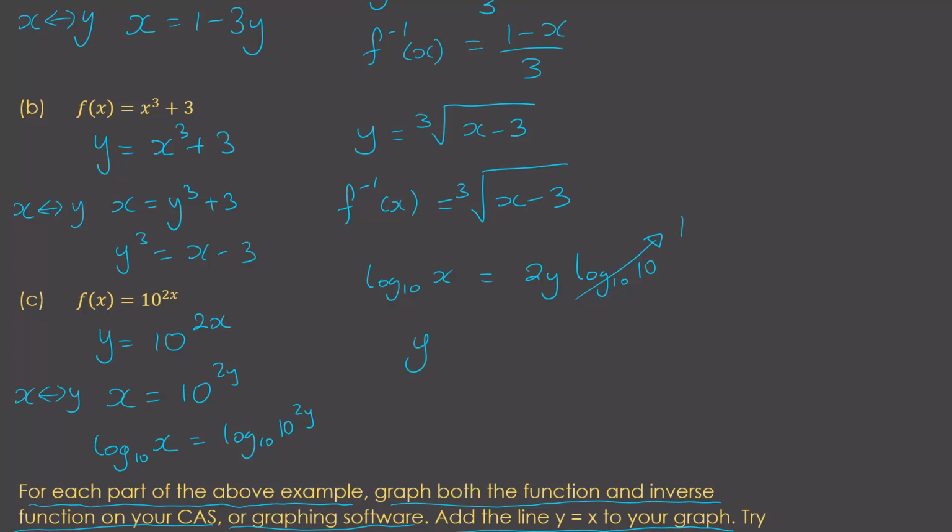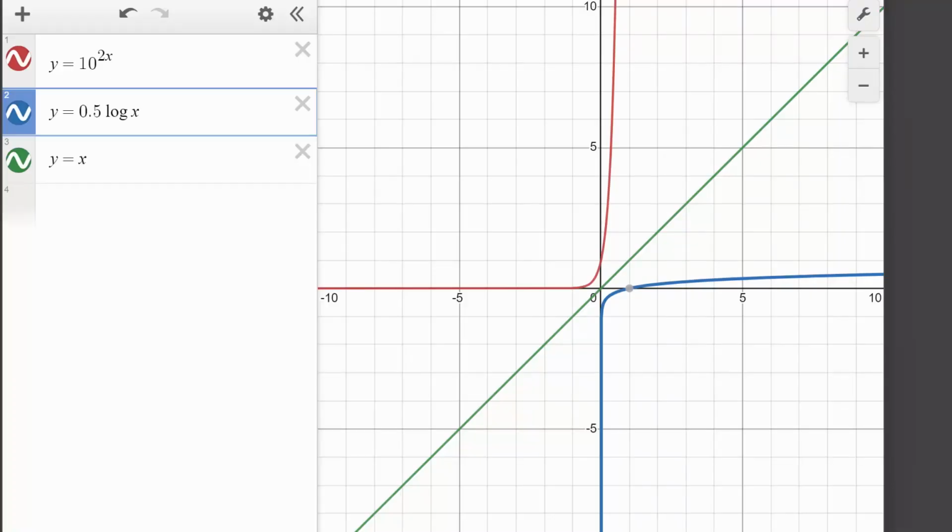So we get that y is equal to a half log to the base 10 of x, or log to the base 10 of x over 2, and so the inverse function is a half log to the base 10 of x. Once again, looking at Desmos, we can see that the function and the inverse function are reflections of each other in the line y equals x.